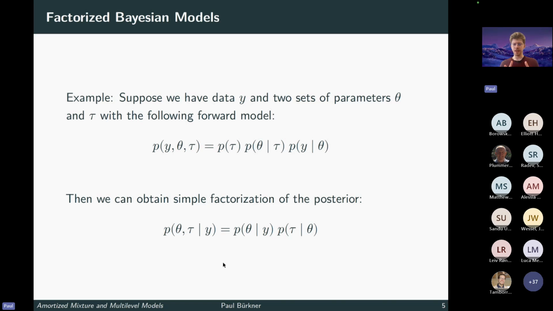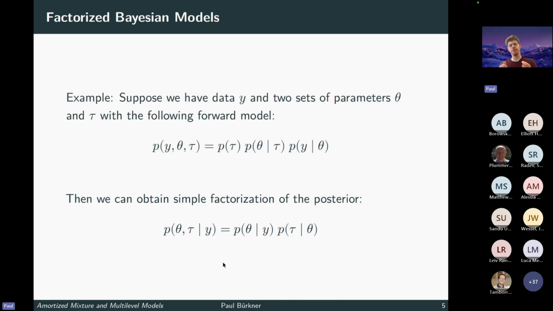And as a result, the posterior distributions that we are going to learn are much simpler. So we started with a highly joint, complex posterior distribution of all parameters, but due to the factorization, we end up with two simple posteriors. One posterior of theta given y, and another posterior of tau given theta, given specifically the posterior distribution of theta. Yeah?